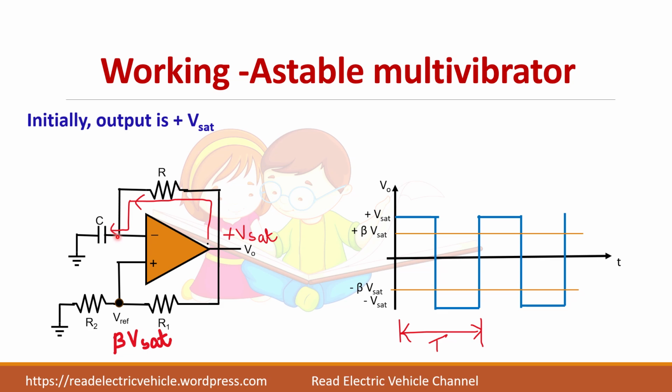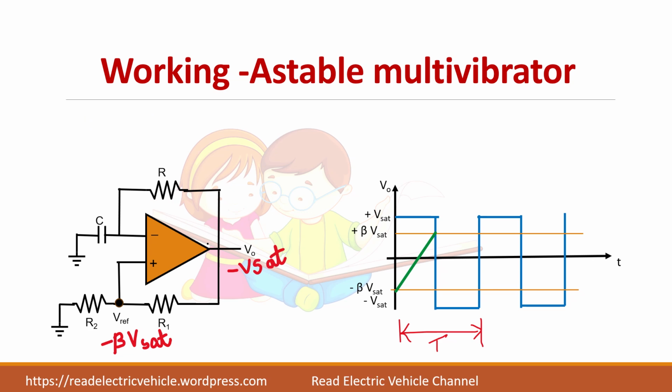Let me draw it here as a green line. This is the capacitor voltage. As the capacitor voltage is increasing and when it reaches beta Vsat, that is the reference voltage, the negative terminal will be more positive. It means that the output has to change from plus Vsat to minus Vsat.